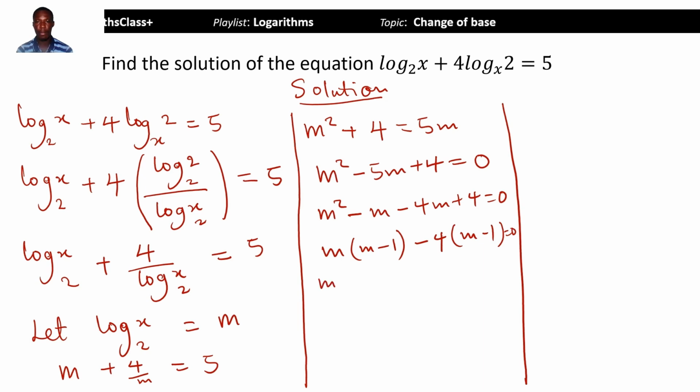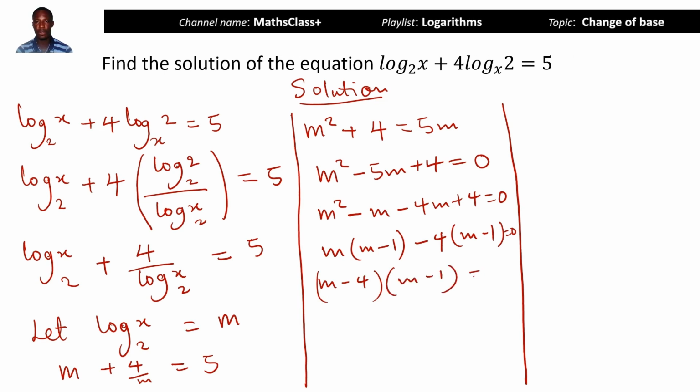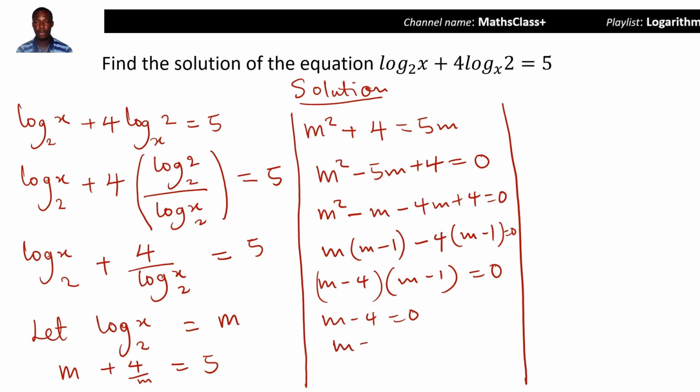So they become (m minus 4) multiplying (m minus 1), which is equal to 0. Okay, so it means that m minus 4 is equal to 0, which means m is equal to 4, or I'll have m minus 1 is equal to 0, which means m is equal to 1.